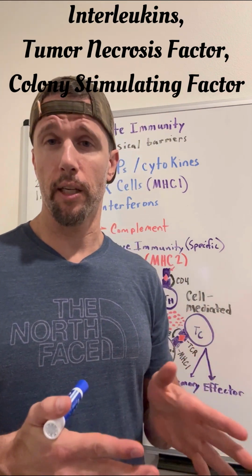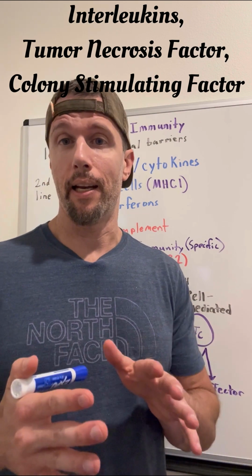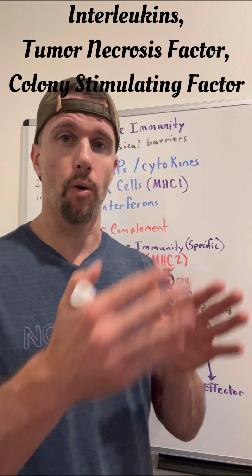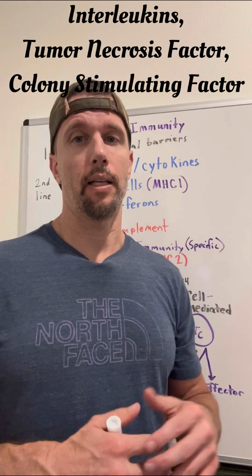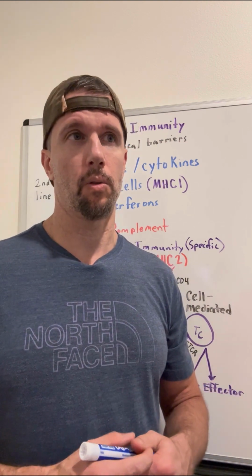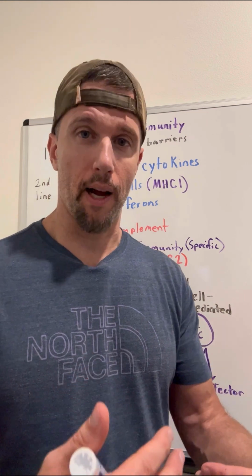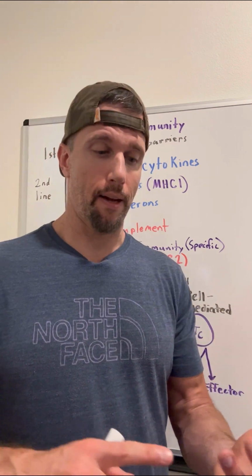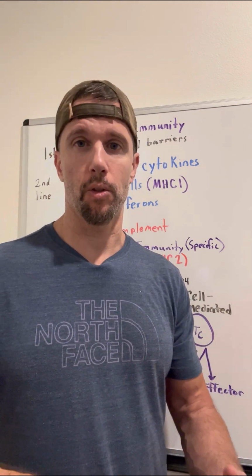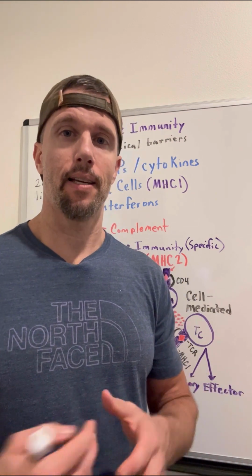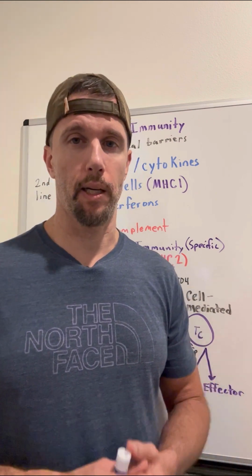So interleukins and tumor necrosis factor may go up to the hypothalamus and get our fever going. What makes us feel bad when we're infected is, for the most part, our immune system's response. That fever, malaise, chills, body aches, all of that is secondary to our immune response.